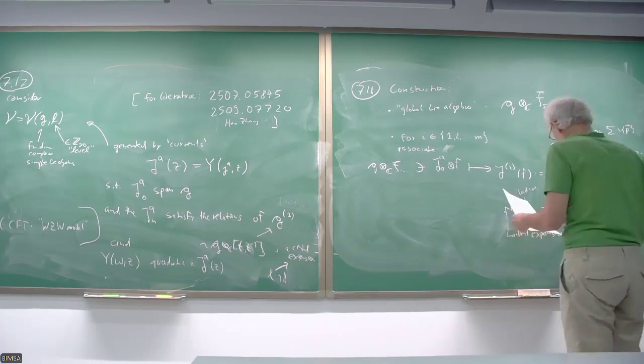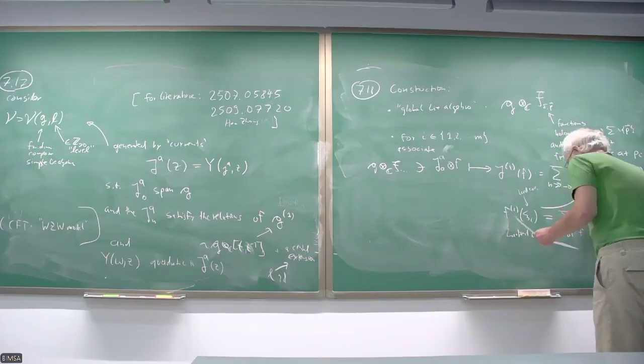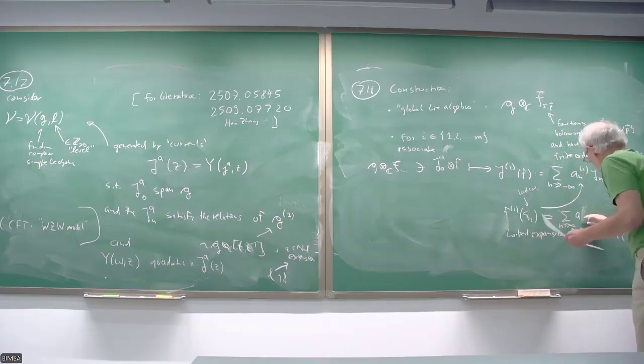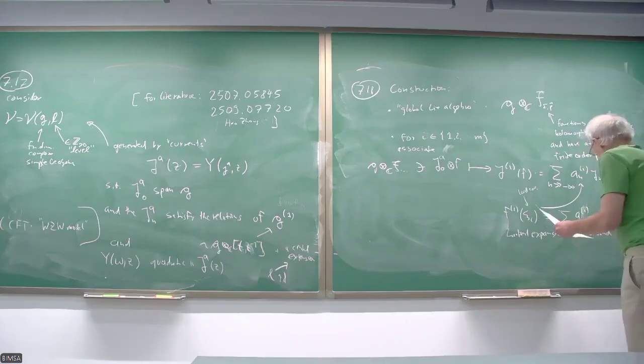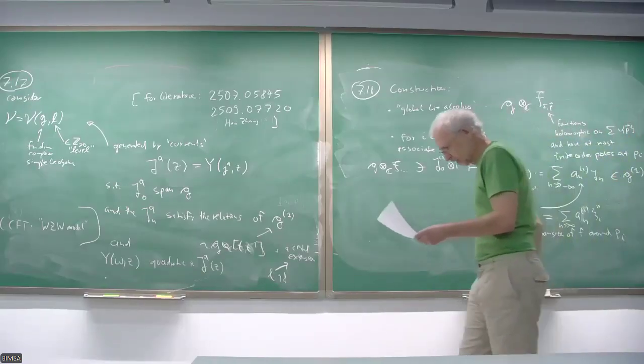And then I get a Laurent series, which looks like the sum over n of a_{n,i} xi_i to the power n, and these are these a_{n,i}'s that I have to use here.